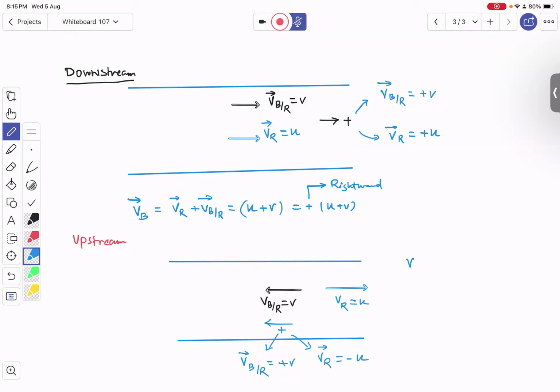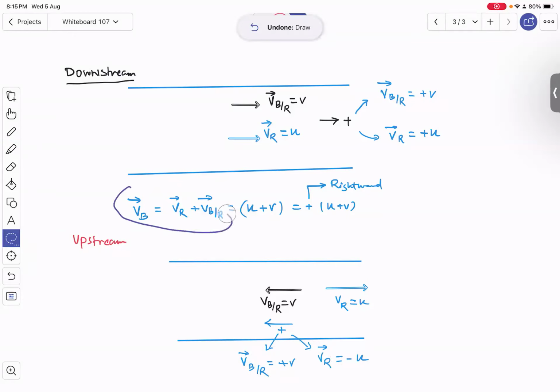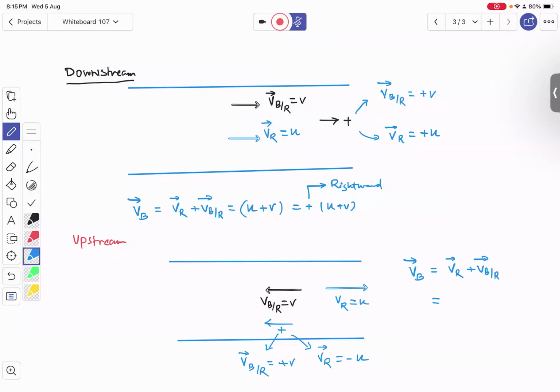The sum of these two gives us the velocity of the boat with respect to the ground frame. We write VBR plus VR, which gives us V minus U. If this quantity comes out more than 0, that is, when V is more than U, you will find that the value of VB comes out positive.